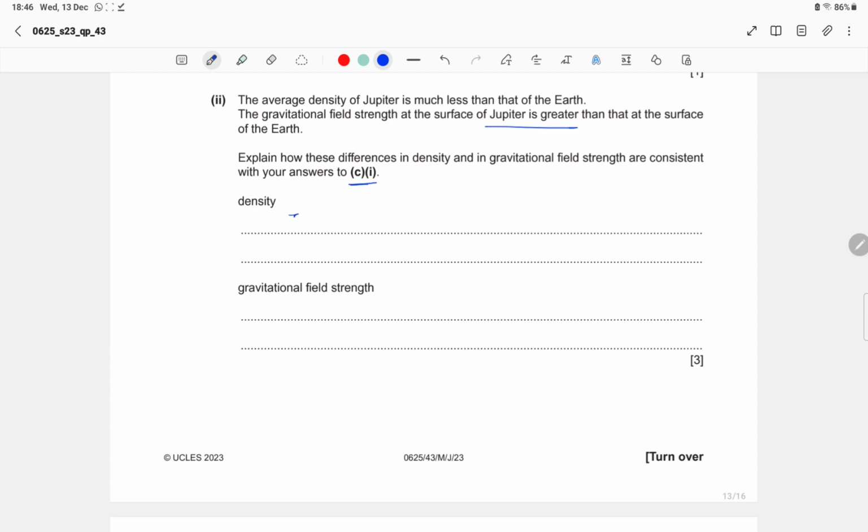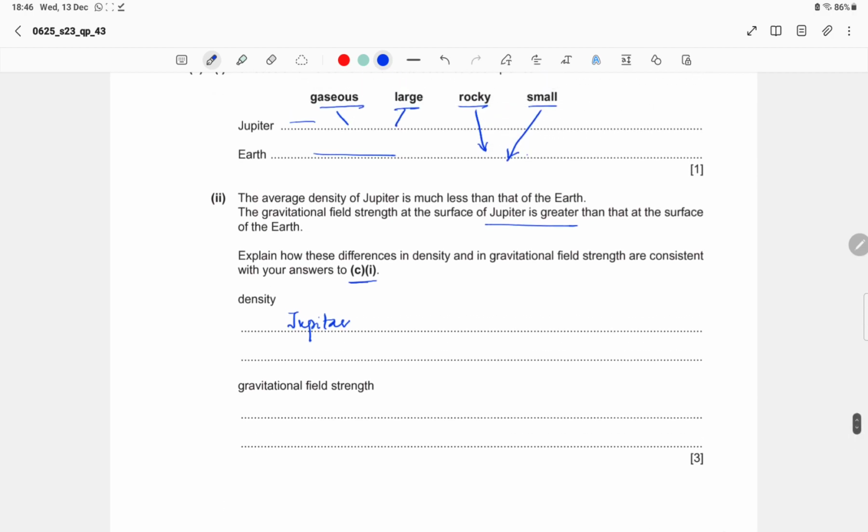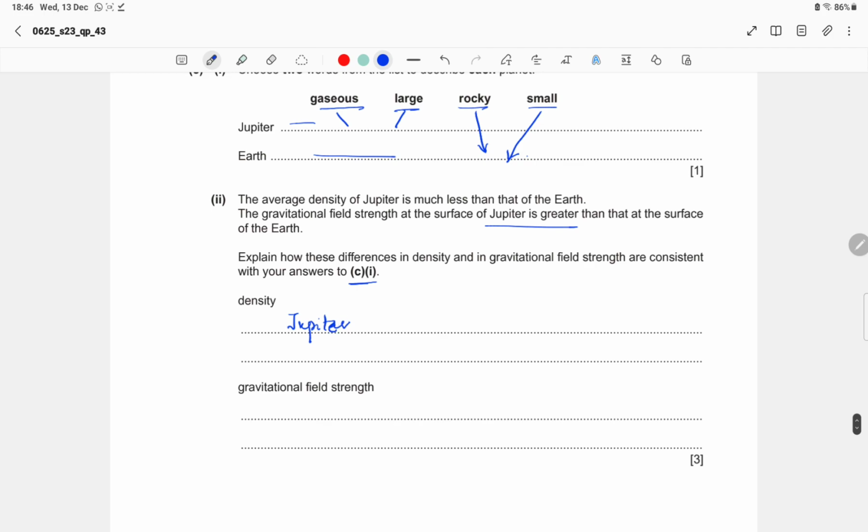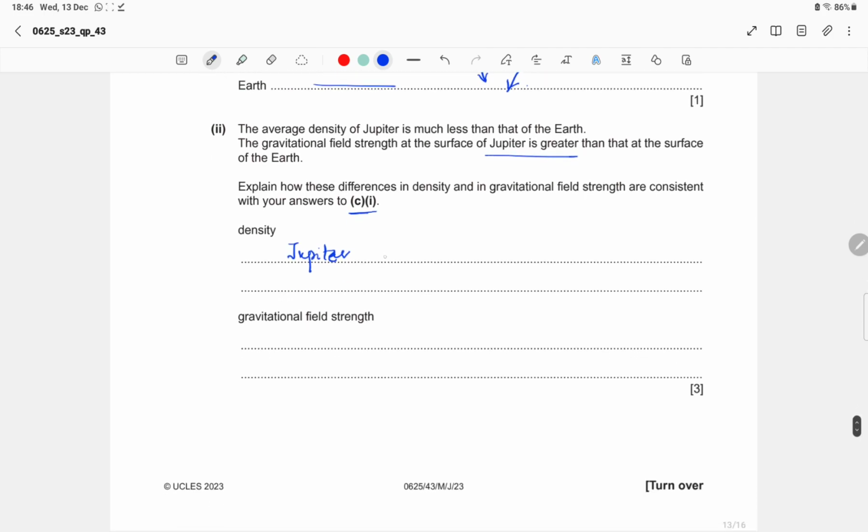So density, Jupiter. I hope I have written the correct spelling for Jupiter. Jupiter's density is less because it is made up of gases, whereas Earth's density is greater because it's a solid.